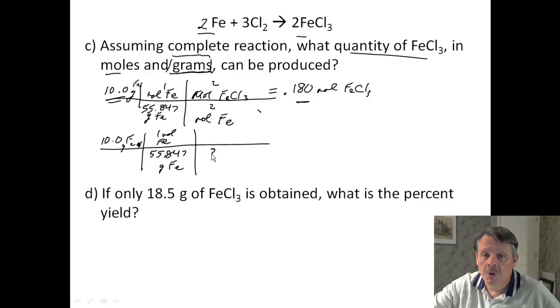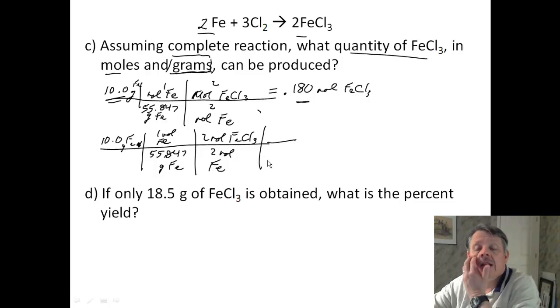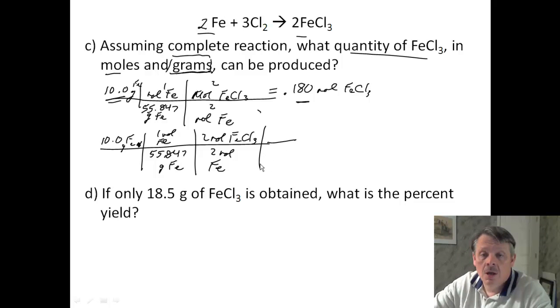And then we want to get rid of 2 moles of Fe, going to 2 moles of FeCl3. So far that's exactly what we have right above us. But now the difference is we have to go to grams of FeCl3, because that's what it's asking us up here in the problem. We put 1 mole of FeCl3 down here, and we have to go to grams of FeCl3.